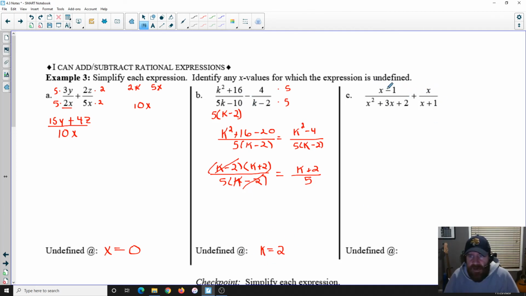Alright, so this one, the top can't be factored, this can't be factored, this can't be factored, but this one can. So let's go ahead and write that out. We have x plus 2 times x plus 1. And then the only difference between these two denominators is this one has x plus 2. So that's going to be our least common denominator.